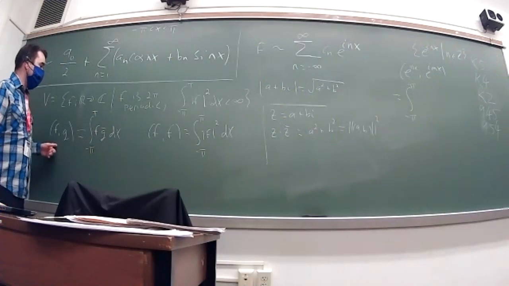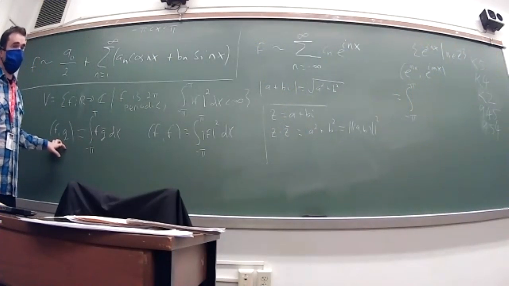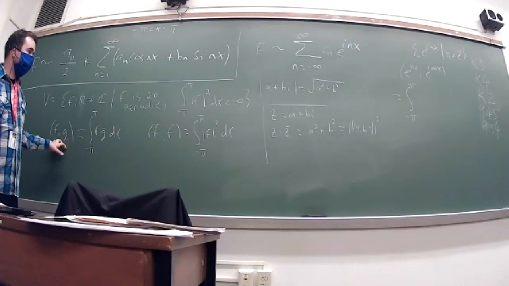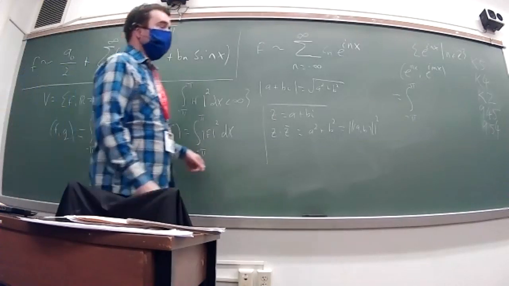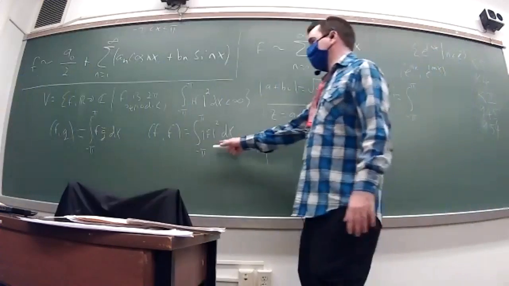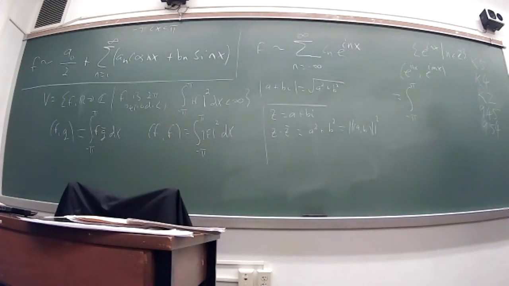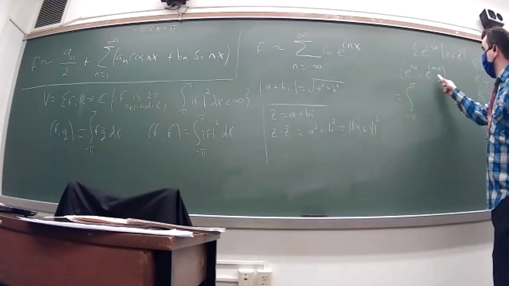And so when you use this definition, then this does become an inner product. It satisfies the three properties. And it induces a norm and a distance function in the same way. This is like the norm of f squared. And once you've got an inner product on a space, you can start talking about the inner product of two functions.